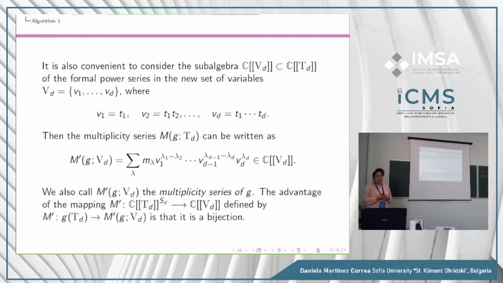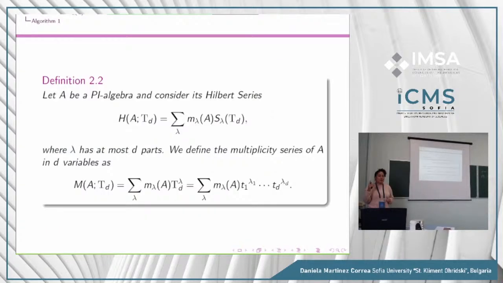Okay, but sometimes when you want to make computations, it's easier to use this expression than the previous. Okay, it's only a chain of variables. Okay, cocharacter sequence. This is the result of Drensky. Okay, so we can define in a natural way the multiplicity series of A like that.